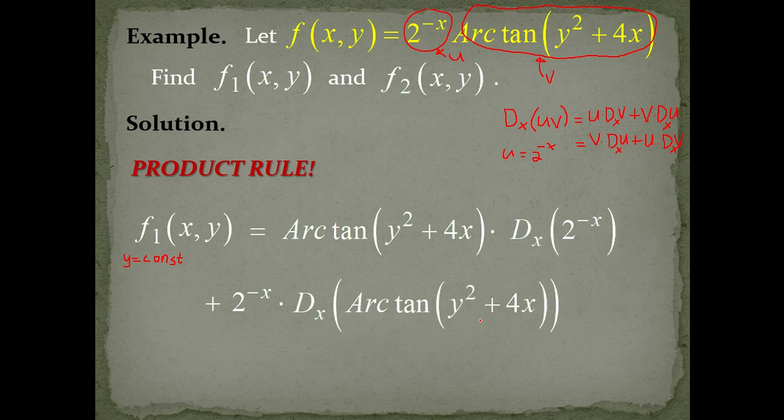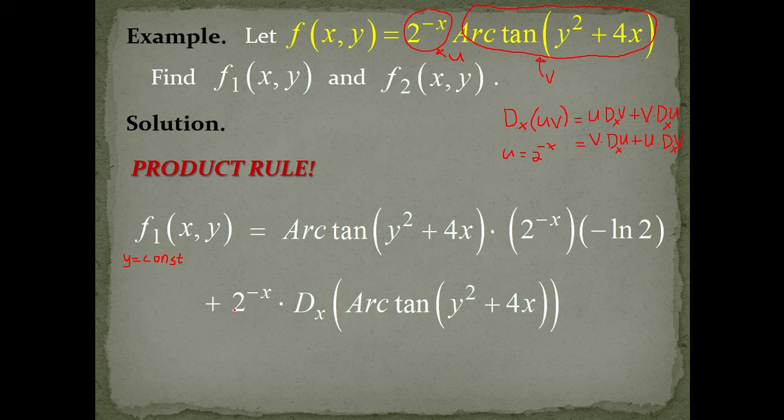Performing this operation, the derivative of 2 to the minus x is actually the same as the derivative of 1 over 2 to the positive x, which when you differentiate gives us 2 to the minus x times negative ln of 2. So that is the natural logarithm rule, so you just review them.